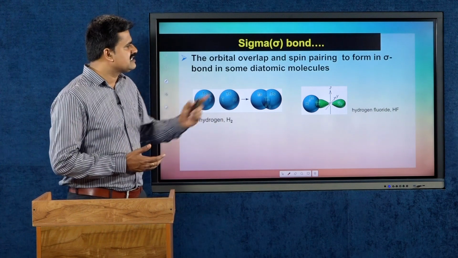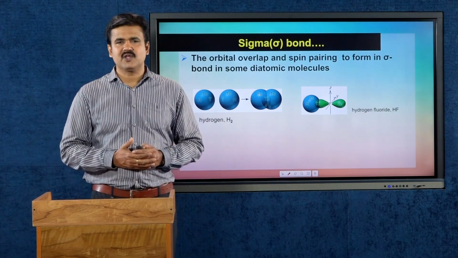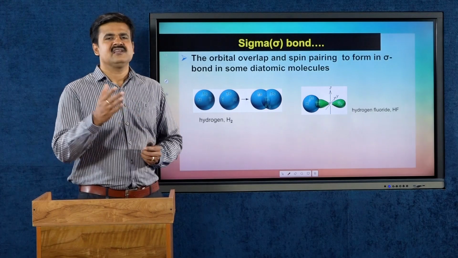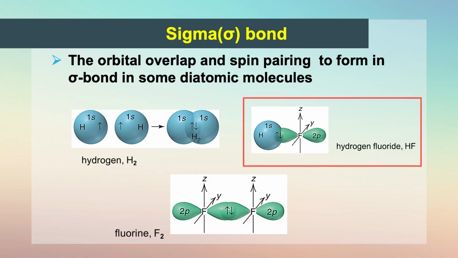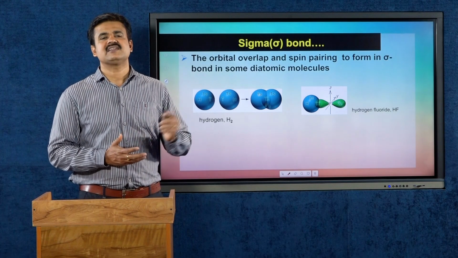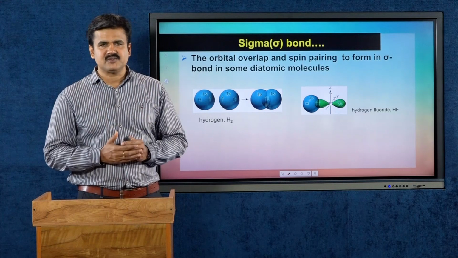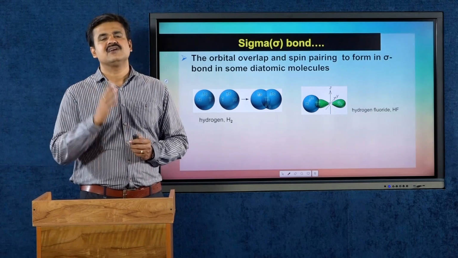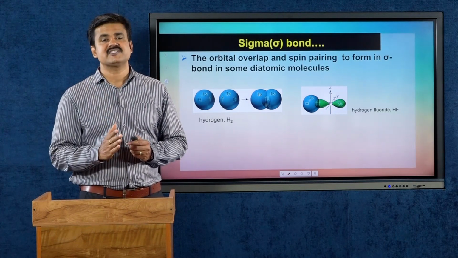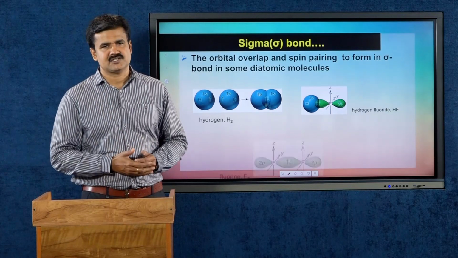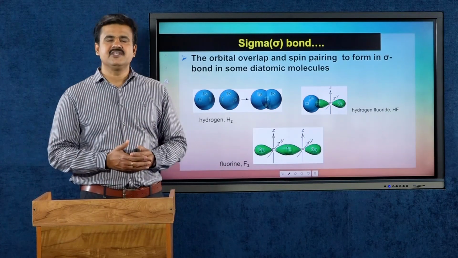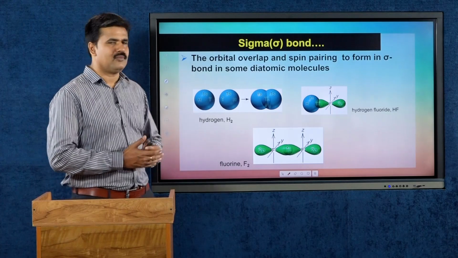Now, this is the representation of the HF molecule. In the HF molecule, you can see the end-to-end overlapping between the 1s orbital of hydrogen and the 2pz orbital of fluorine. This orbital overlap is strictly end-to-end, and in the HF molecule there occurs a covalent bond formation that is nothing but the sigma bond. This is end-to-end overlapping in the fluorine molecule.